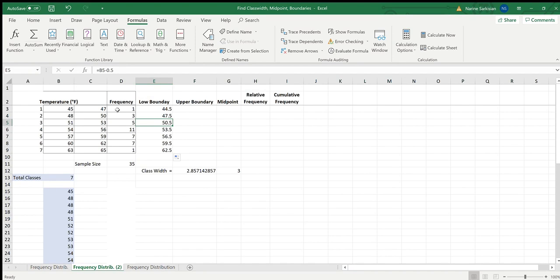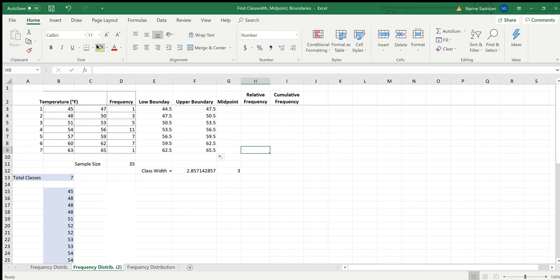Okay? And for the upper boundary, I'm going to add 0.5. So equal, I'm taking this cell of 47 and plus 0.5. All right? Dragging down. There we go. Now pay attention, that's what we meant when I said adjust it.